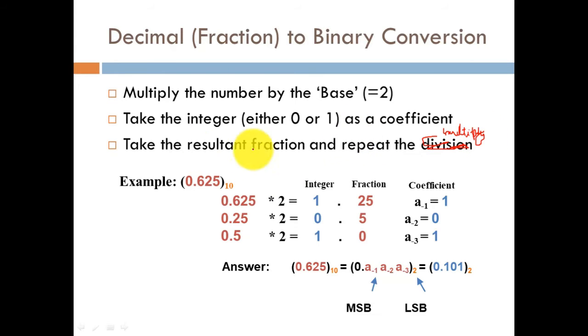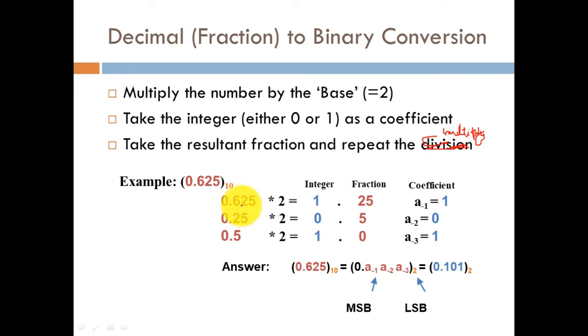Now let us understand whatever we have studied so far via an example. Let us say that we need to convert the decimal number 0.625. This is a fractional decimal number, and we need to convert it into a binary number. How are we going to do that? We multiply it with the base. So we have the number 0.625, and it gets multiplied with 2.